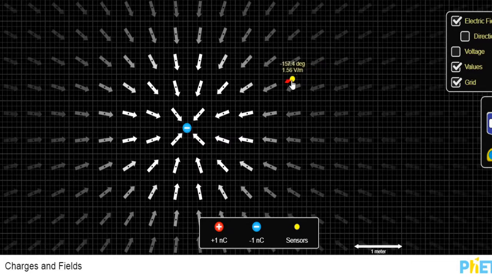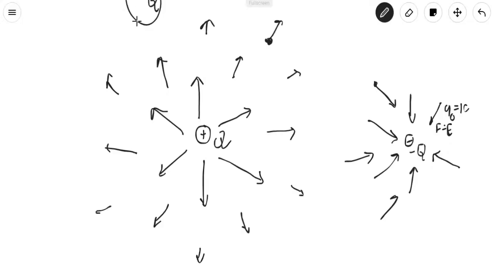And if we put a positive charge anywhere around it, then the force will be in this direction. So this is the electric field. Now I can simply say that this is enough to understand what the electric field is, okay. But what about the equations?